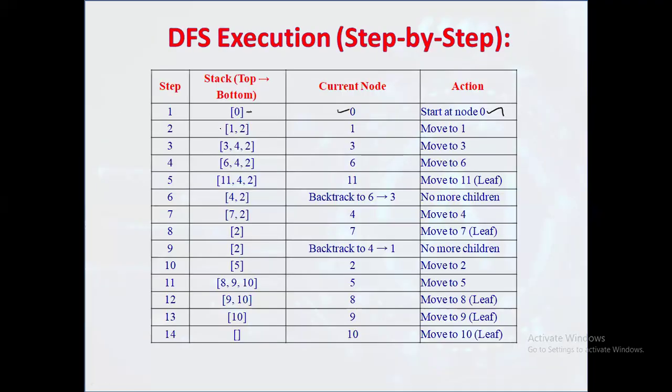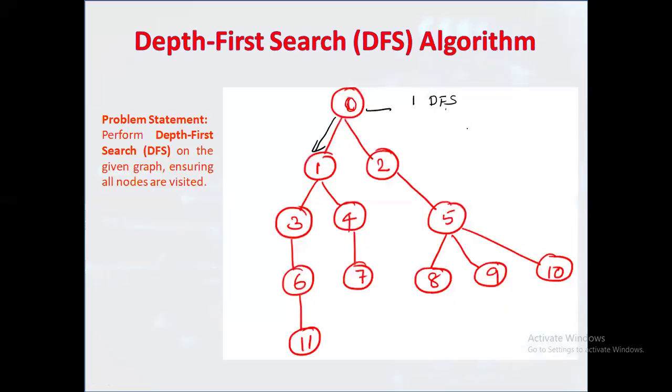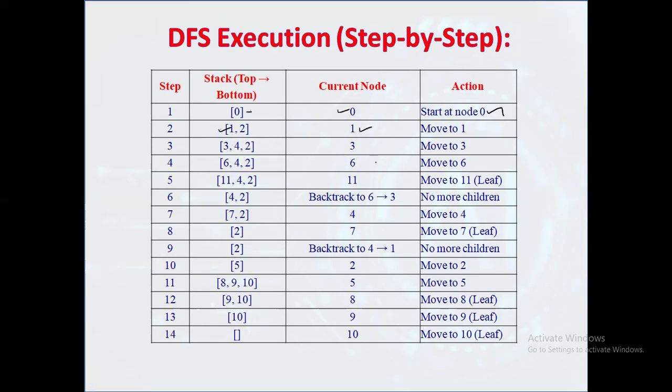So the current node is now 1, and next we have 1, 2 in the stack, but we have to traverse from here. So in the stack, 1 and 2 will be available.